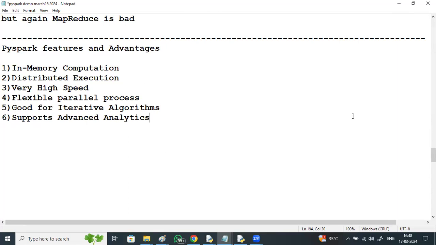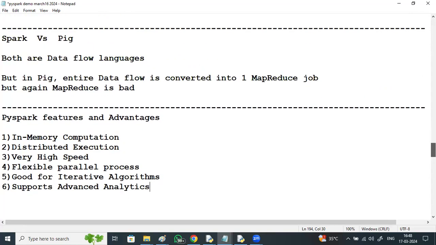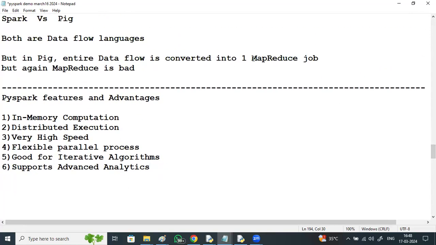But sir, if we increase the number of blocks, then we can achieve parallel processing. Yes, but every time you want to change the block size, you need to restart the entire cluster.